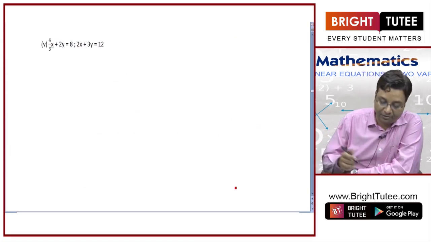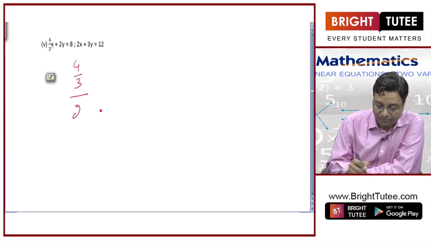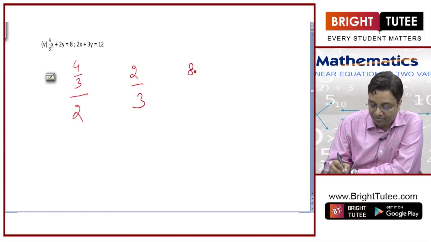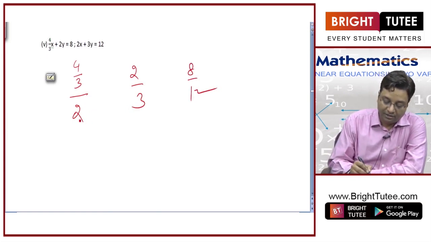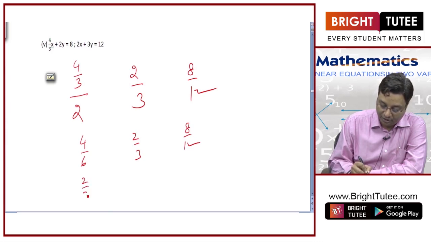Look at this pair of linear equations. 4 by 6, 2 by 3, 8 by 12. 4 by 6 is nothing but 2 by 3, and 2 by 3 is 2 by 3.